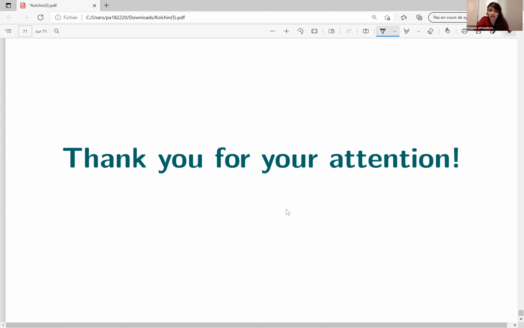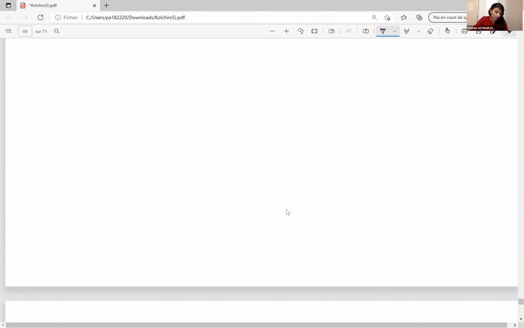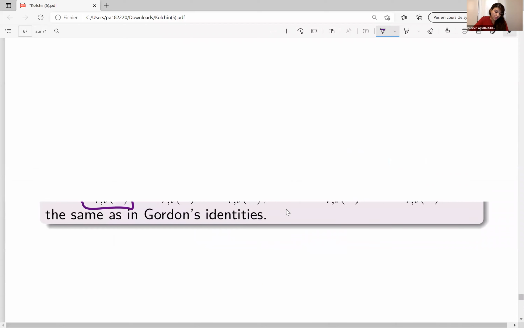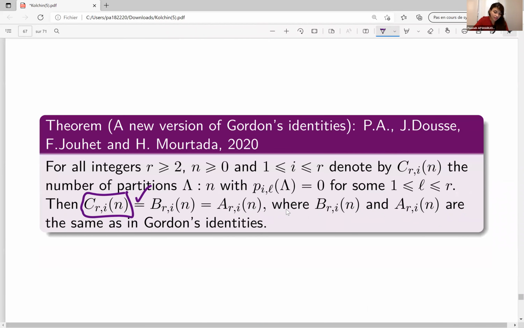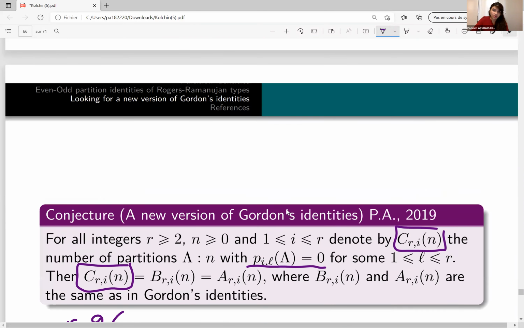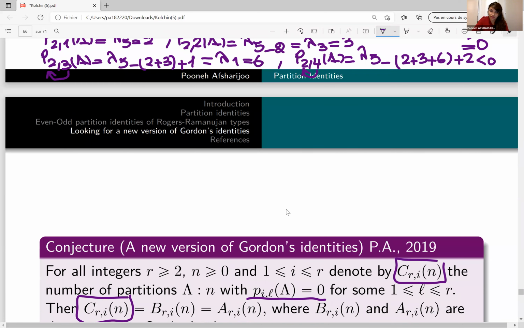Yes, but if I understand well, you mean that if there is another new member for Rogers-Ramanujan identities, and we saw already that the answer is yes, because we have P22 of n, which is a new member also, and its generating series is equal to the generating series of A22 of n.